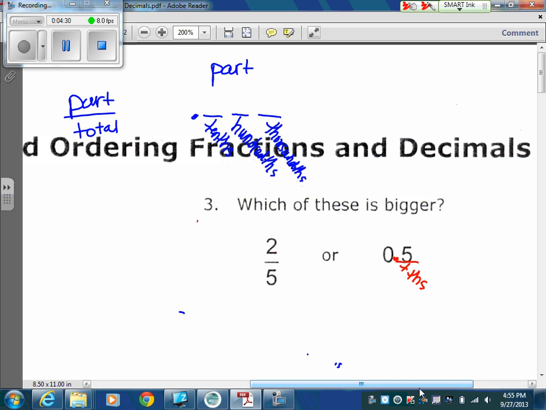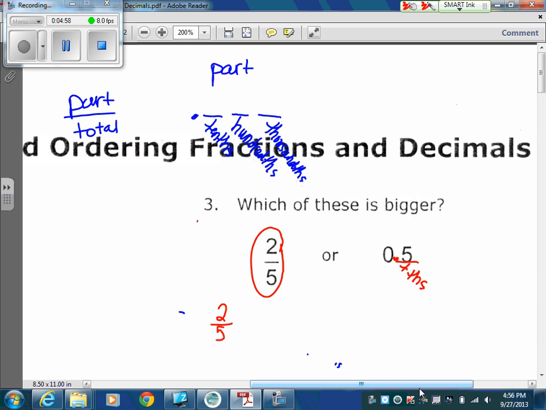I can't see the decimal. So I need to convert 2/5 to a decimal and then compare them. Well, 2/5 is a little bit easier than our eighths, because if we start out with 2/5, again, I check my denominator, fifths. I go back to my decimal place value. I don't have a fifths place. I have to get to either a tenth, hundredth, or a thousandth.